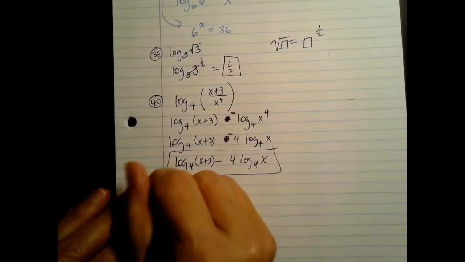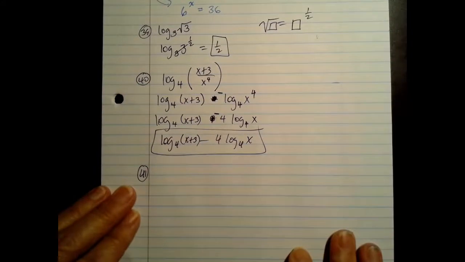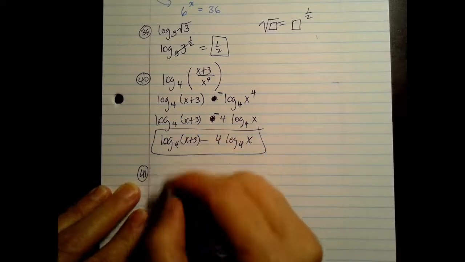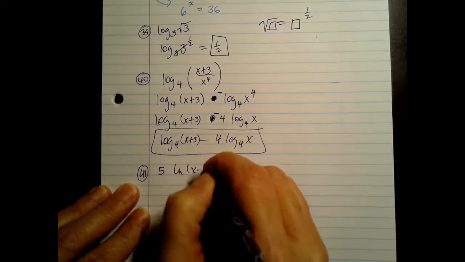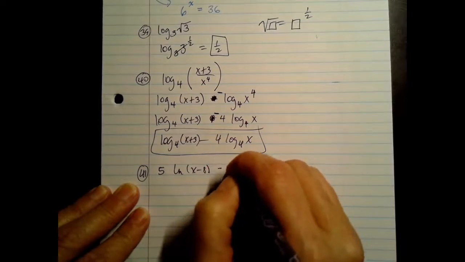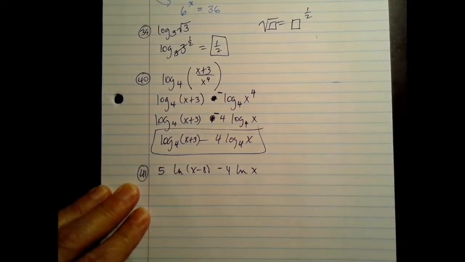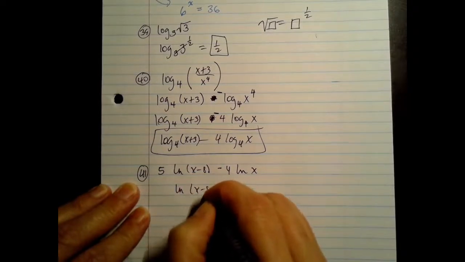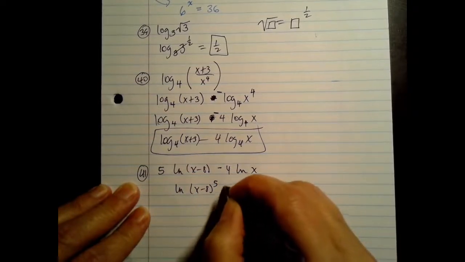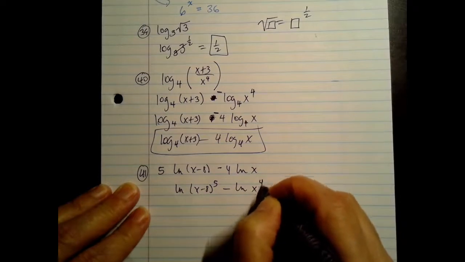Okay, 41. Condense. Okay, so 5 natural log of x minus 8 minus 4 natural log of x. Okay, I'll go ahead and do my power. So natural log of x minus 8 to the 5th, minus natural log of x to the 4th.